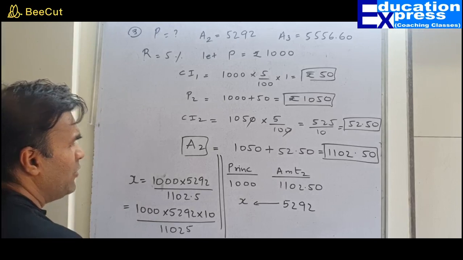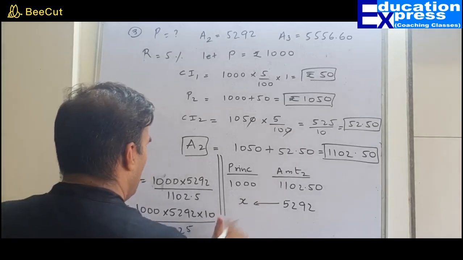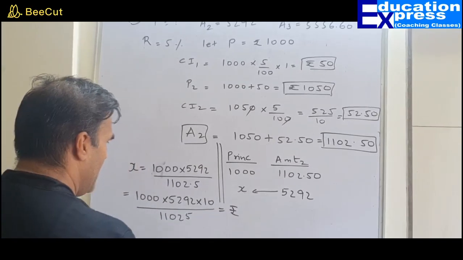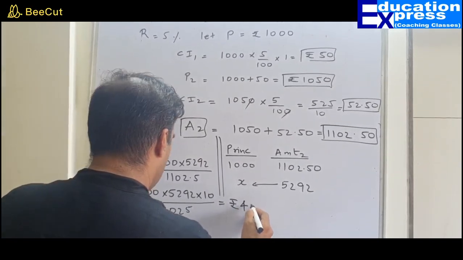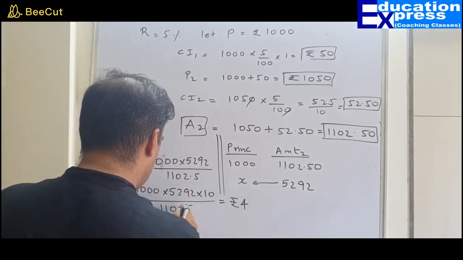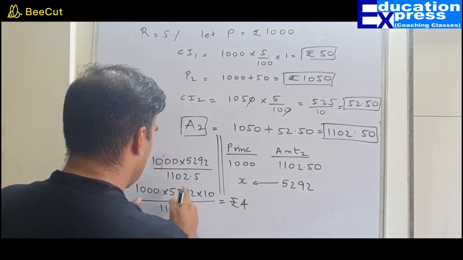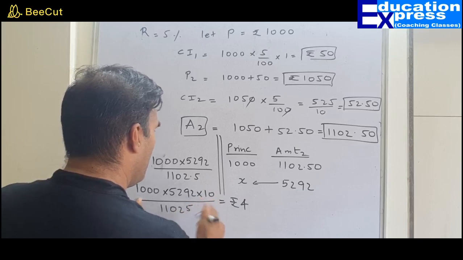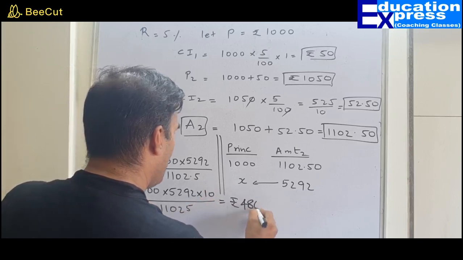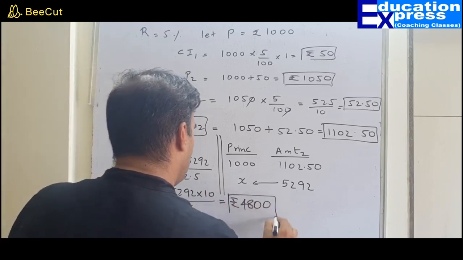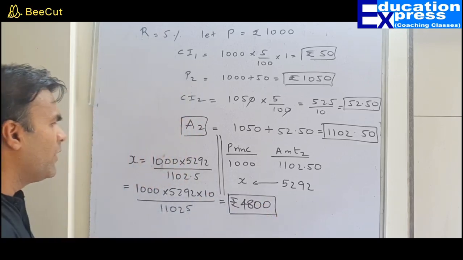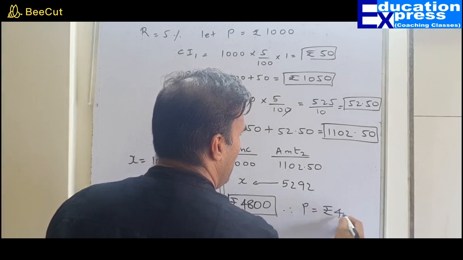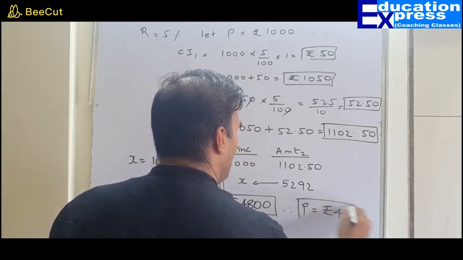When you do this calculation further, your answer would be rupees 4800. Therefore, principal equals rupees 4800.